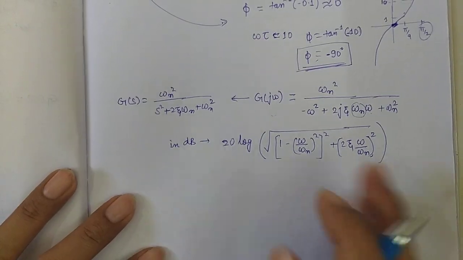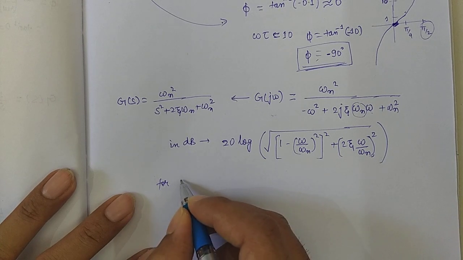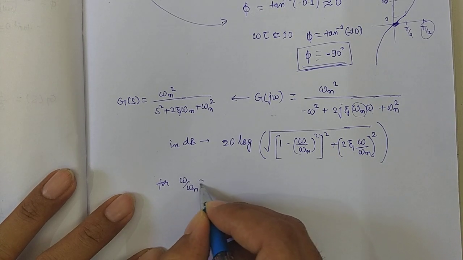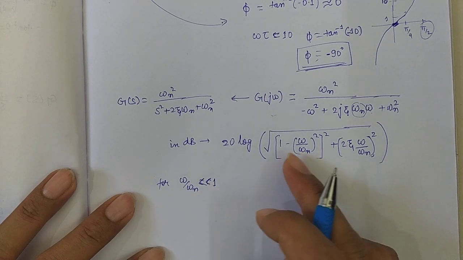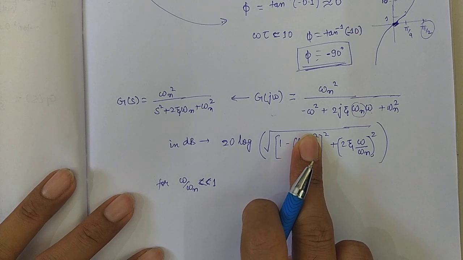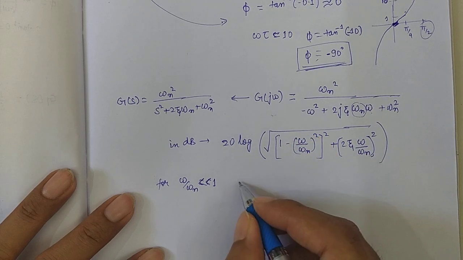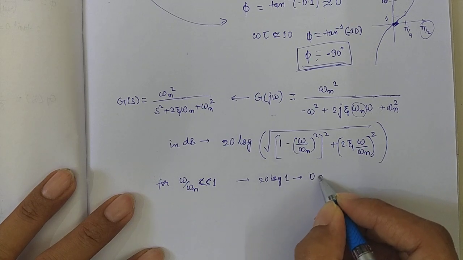So again, let's do the analysis for smaller frequencies. Let's suppose omega by omega n is very much less than 1. This is very less than 1, so this goes away, right? And everything boils down to 20 log 1, so 0 dB.